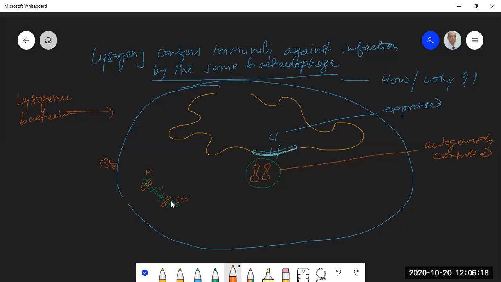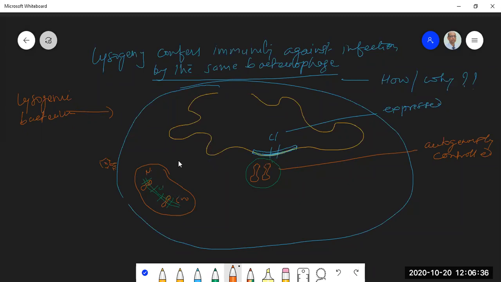And as a result of that, this bacteriophage can never undergo the lytic pathway here. It cannot be integrated because for integration it requires homologous sites. That homologous site has already been utilized by the first one.